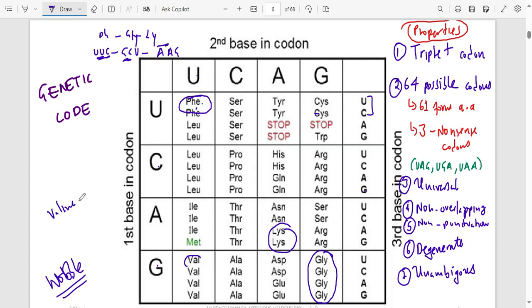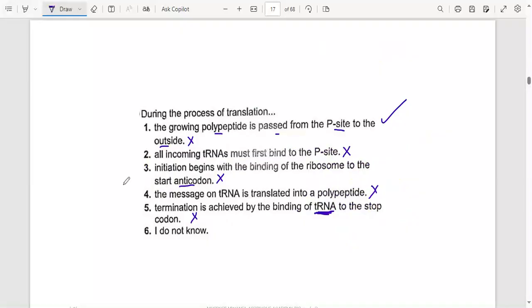The next one was what? UUC. What's that? Phenylalanine. And then the next one was what? Even you people are writing.